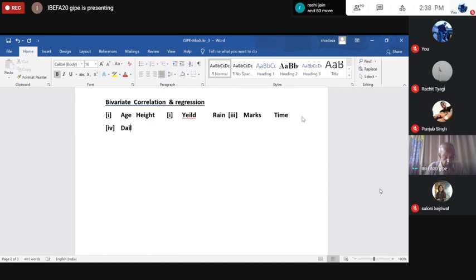Daily temperature and cold drink sales, in 1,000 bottles sold in a restaurant.